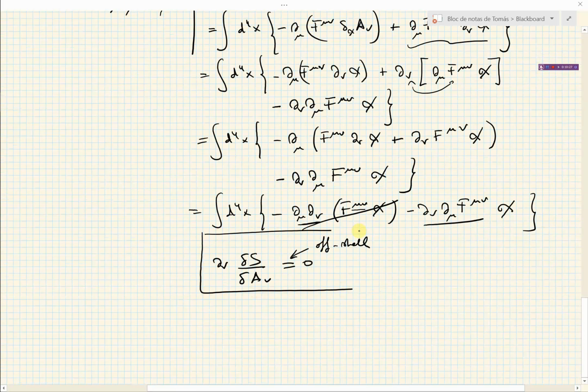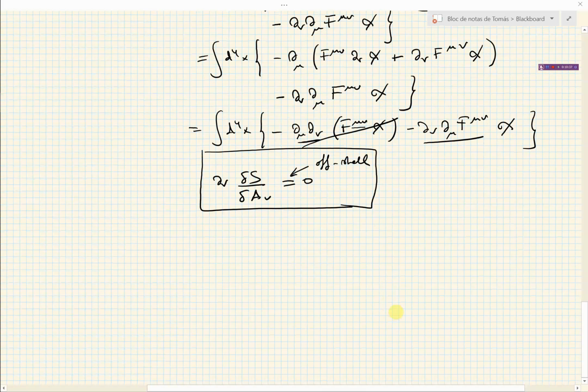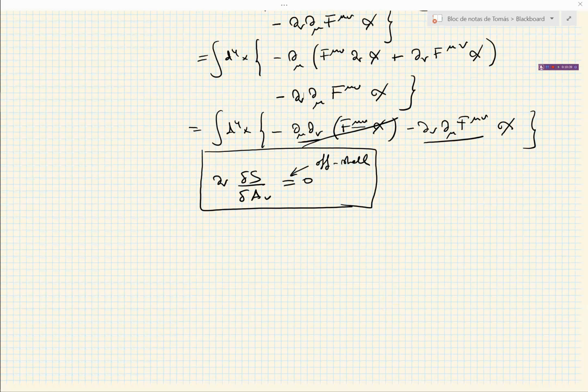Now the important thing about this symmetry and this identity is that it constrains very much what we can couple to the vector field. So suppose that we had, as we will write later, some current, which is a source of the electromagnetic field.